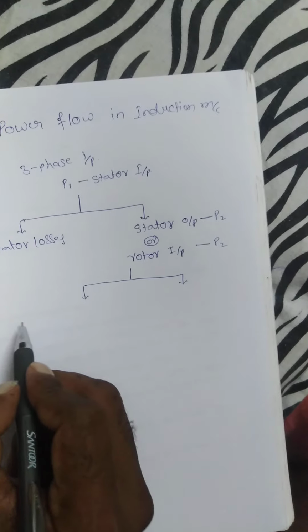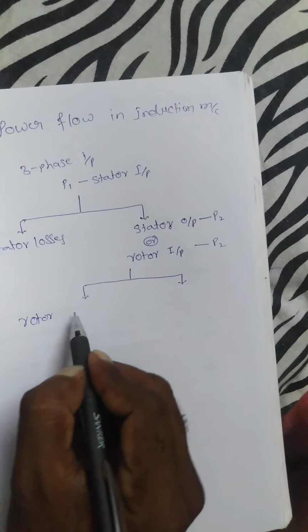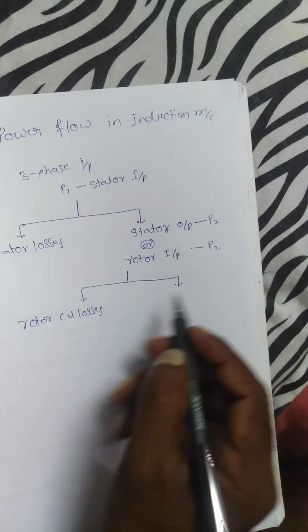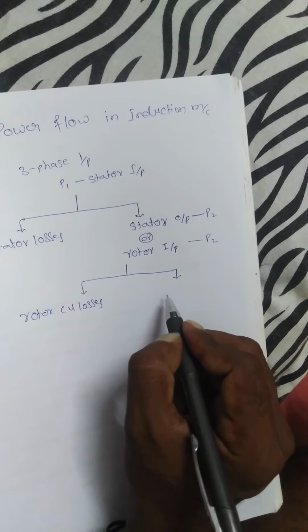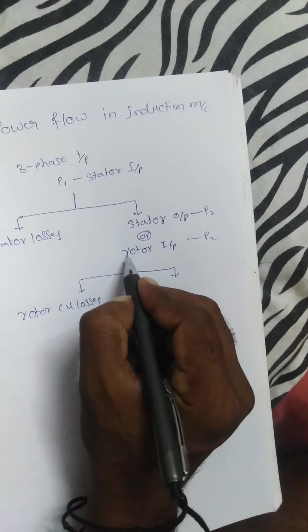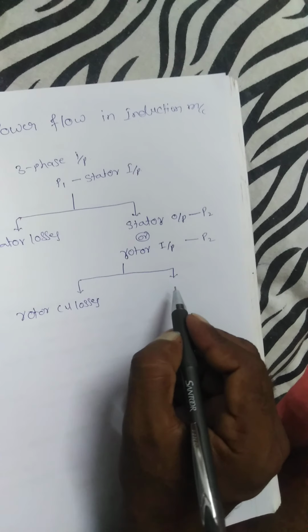copper losses, and the remaining power will be the output power of the rotor.